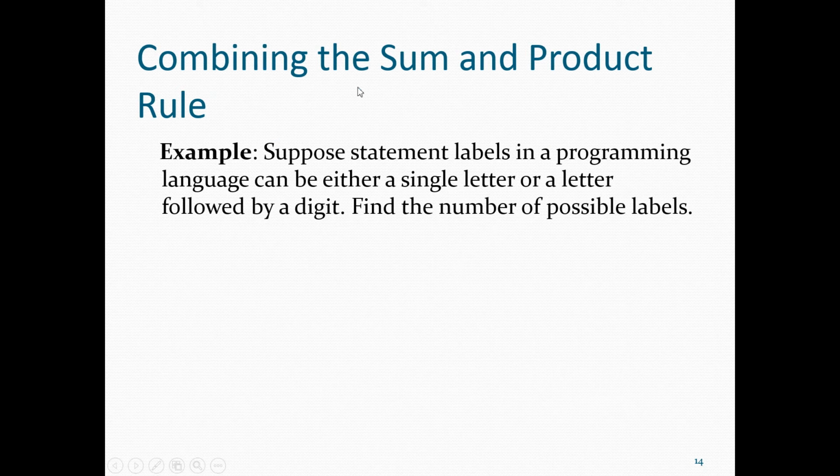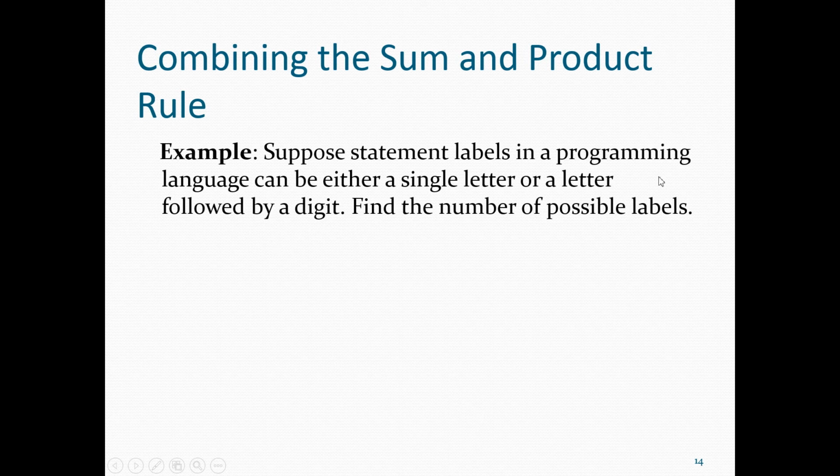Now an example for the sum and product rule. Suppose statement labels in a programming language can be either a single letter or a letter followed by a digit. When we choose a single letter, there are how many ways? 26. This OR actually represents addition.